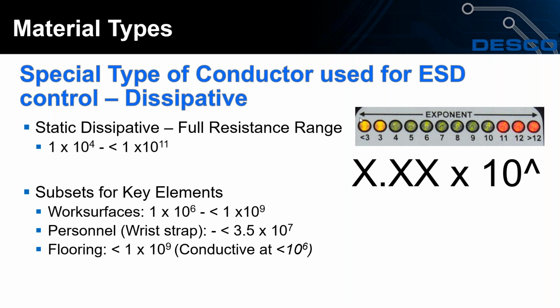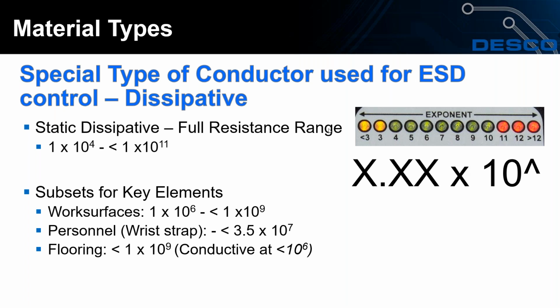And that could be a conductor, or it could be a static dissipative material like a piece of packaging material, a shielding bag, a low charging bag, anything that will allow electrons to flow across it and that you can ground or will dissipate the charges. However, there's a big range for dissipative, as you can see, from 10 to the 4th all the way up to less than 1 times 10 to the 11th. And this range typically has to do with the application of the material.